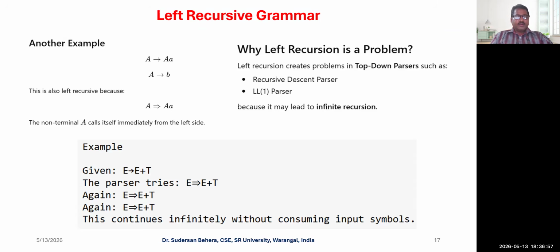We'll take another example here. The previous example given was E derives E plus T. The parser tries E derives E plus T. Let us see what kind of problem actually appears. Let us say there is a production E derives E plus T. The parser tries to find E derives E plus T, again E derives E plus T. Again, E can be replaced with E plus T like this.